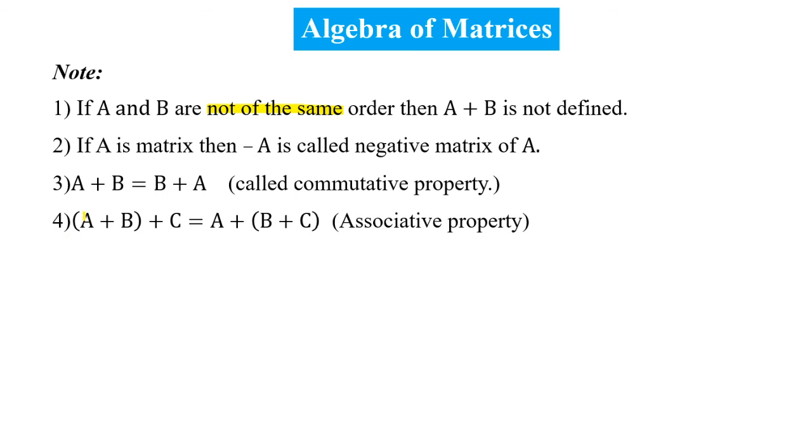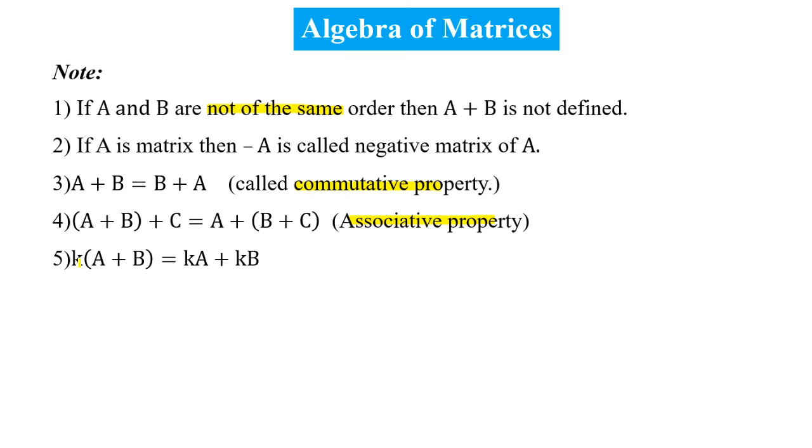Number 4, in brackets A plus B plus C is equal to A plus in brackets B plus C, known as the associative property. A plus B equal to B plus A is called the commutative property, and in brackets A plus B plus C is equal to A plus in brackets B plus C is called the associative property.